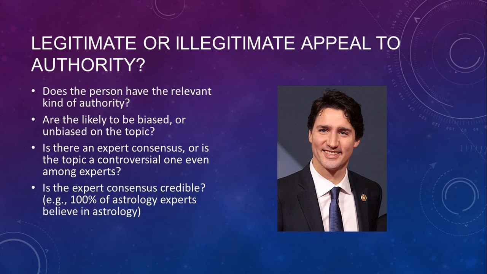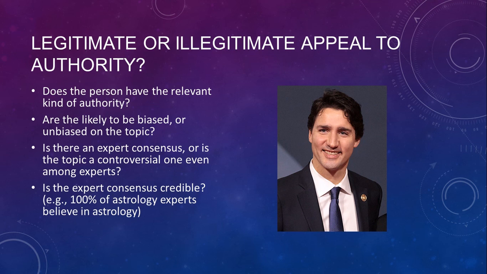So a credible consensus amongst experts, and then the person that you're citing is actually a member of that group, and has the relevant expertise. That's what you really want. Those are the ideal conditions to appeal to authority. And if those conditions are met, what you've done is actually fairly plausible.